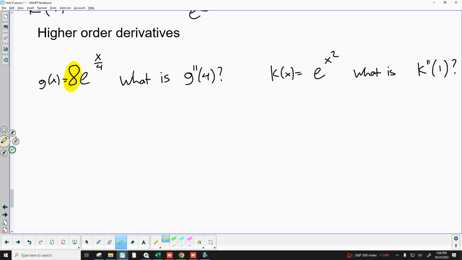This answer is e over 2. E over 2 is the answer.